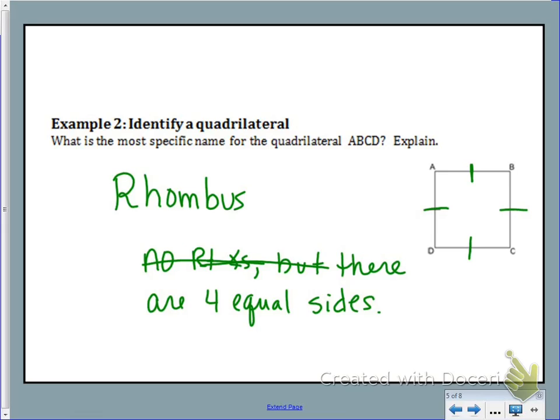You're going to be dealing with a lot of shapes like this. In fact, in your homework, very soon you're going to see a page where everything looks like a square. But what you're going to do is just use the markings to decide what it is. So you really have to know the traits of the different quadrilaterals very well. And keep in mind, diagonals play a very big piece in that.